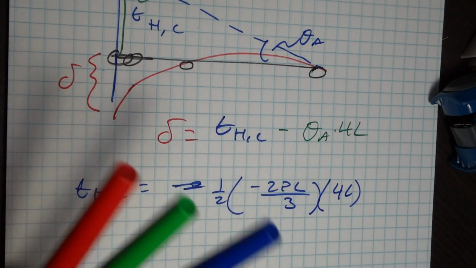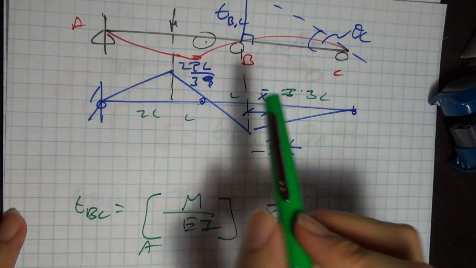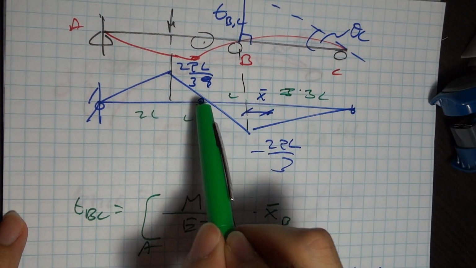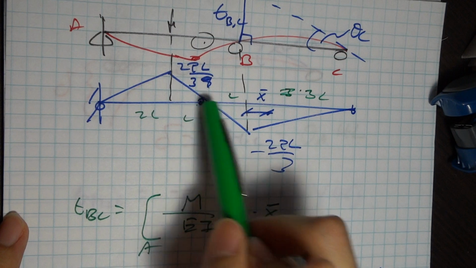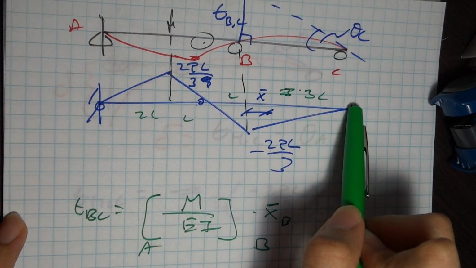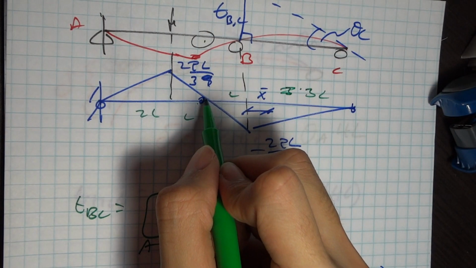And what is X bar? If I want to know X bar, all I really need to do is look at the distance. I'm cheating a little bit here, but if I know the coordinates of these points, I can get X bar very easily. I'm interested in X bar from this point.